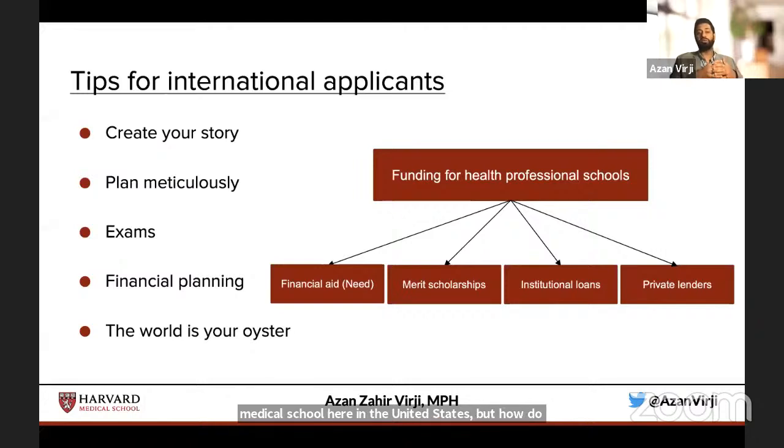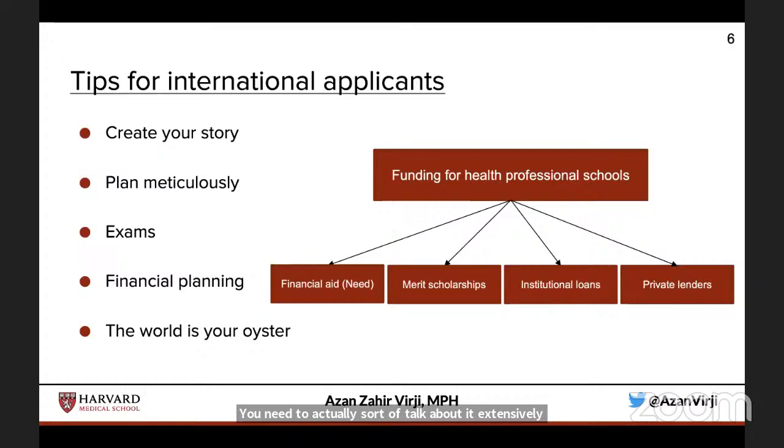The first thing that you definitely want to do is create your story. What that means is that each and every one of you comes from a very different background, has a very unique perspective. What you need to do is bring that to the forefront of your application. You need to talk about it extensively when you're applying and not shy away from that.